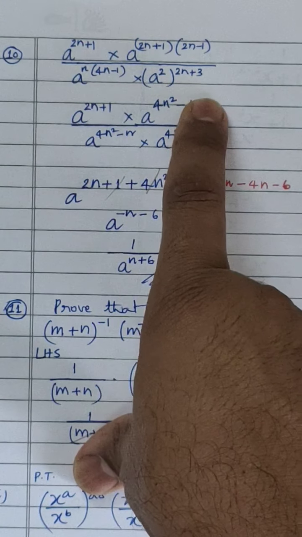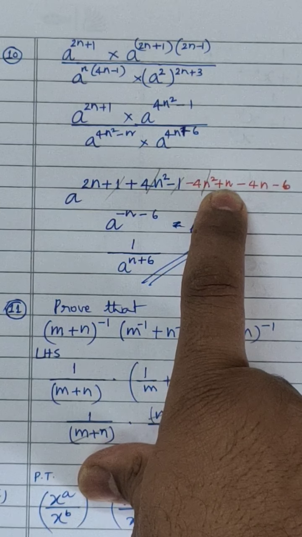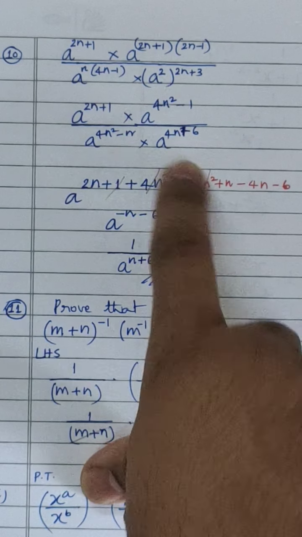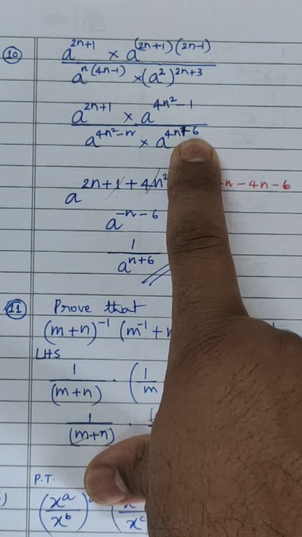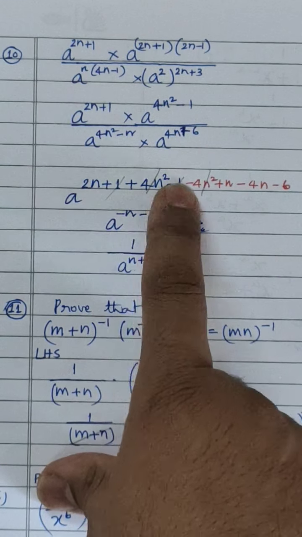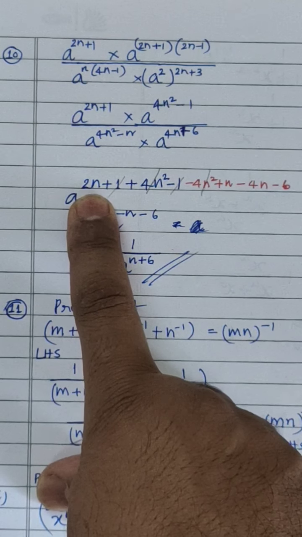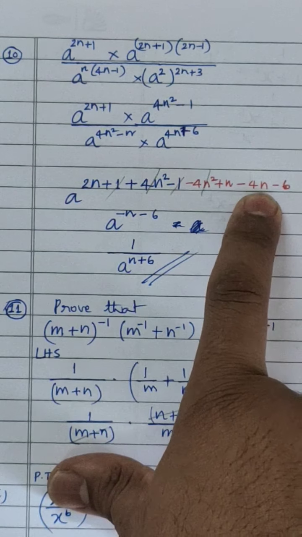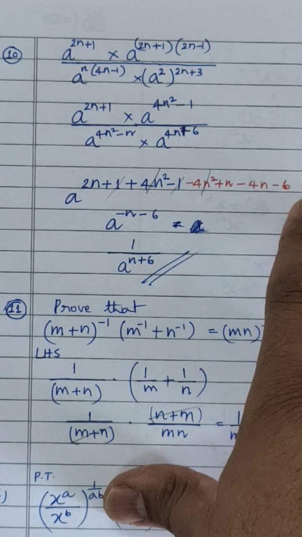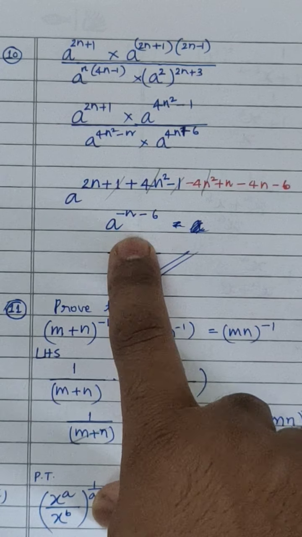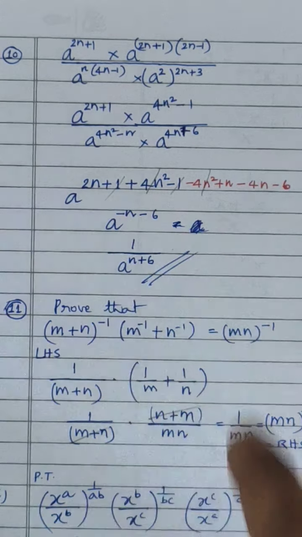We are taking this to the numerator, then that will become minus 4n square plus, when this goes up this will become plus, and this minus 4n, this has become plus 6 to minus 6, where this one and this one cancelled, 4n square minus 4n square get cancelled. We are left with minus 4n, 2n plus n, 3n, that has become minus n, then minus 6. So when we keep this in the positive form, 1 divided by a to the power of n plus 6.